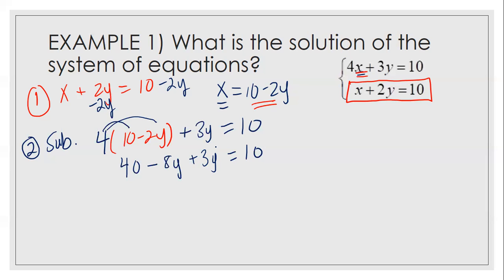Okay. Now I'm going to combine like terms. I have negative 8 and 3y. What does negative 8 and 3y make? Negative 5. Good job.